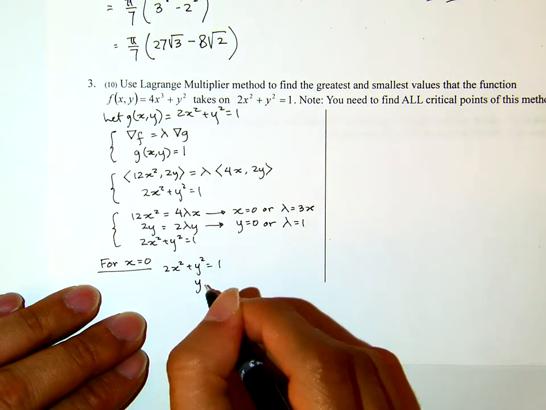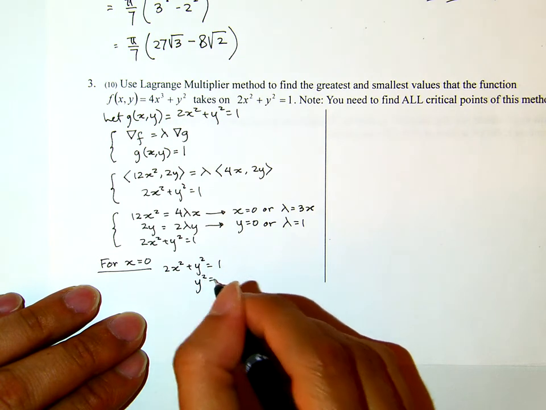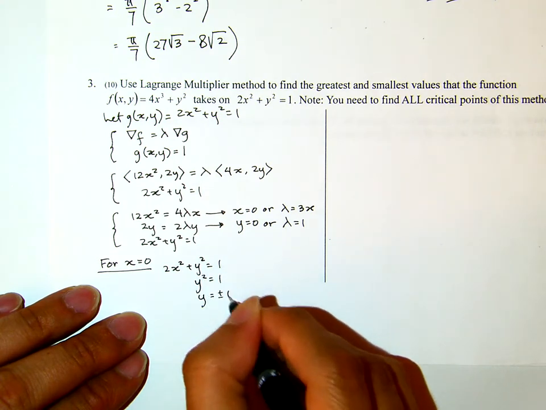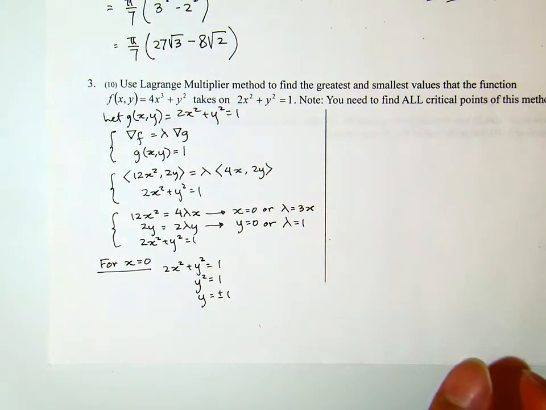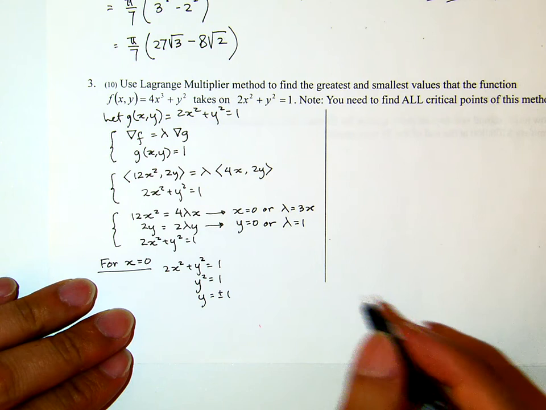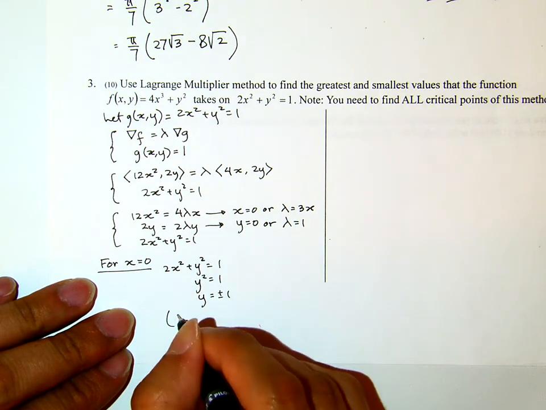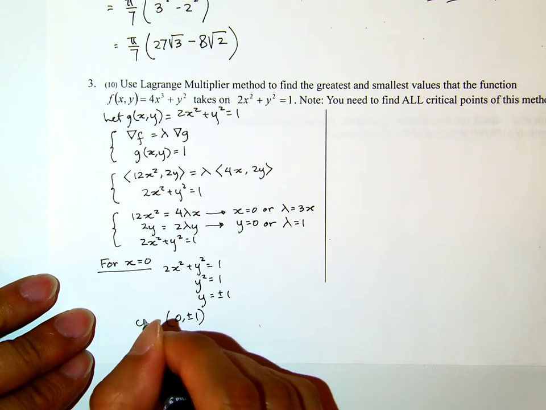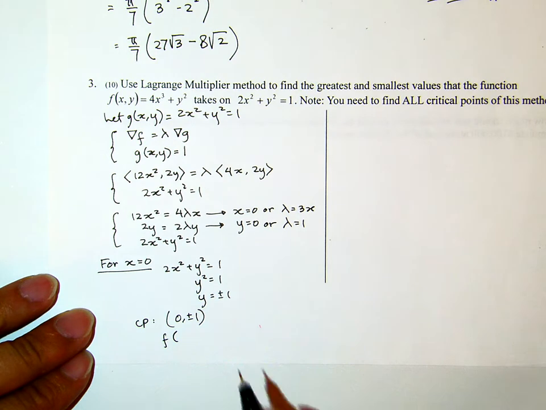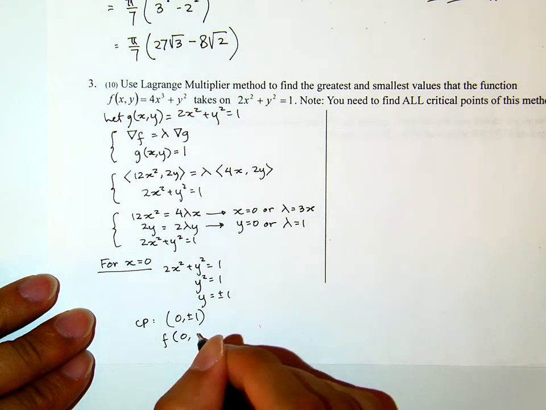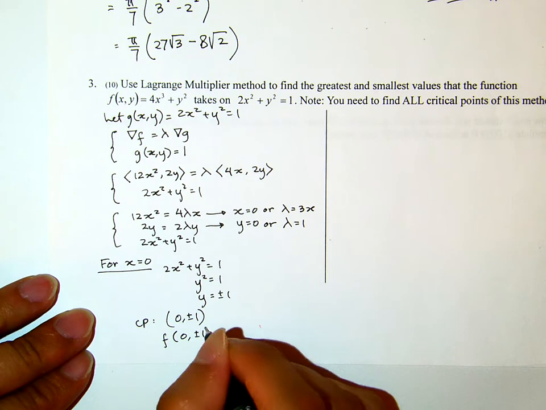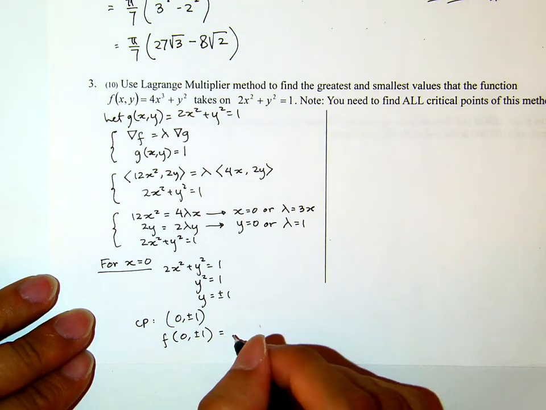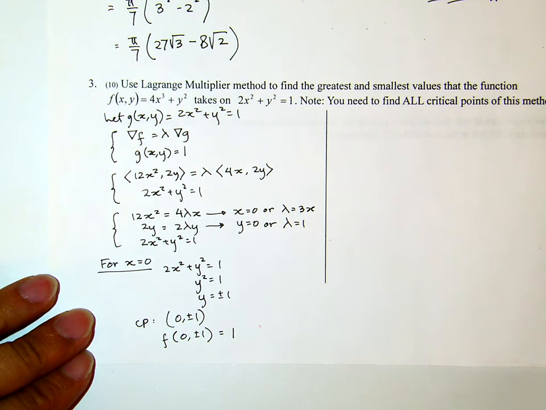Because x squared equals 0, y squared equals 1, y equals plus or minus 1. One of the critical points will be (0, plus or minus 1), and the value of the function f on (0, plus or minus 1) equals 1, right?